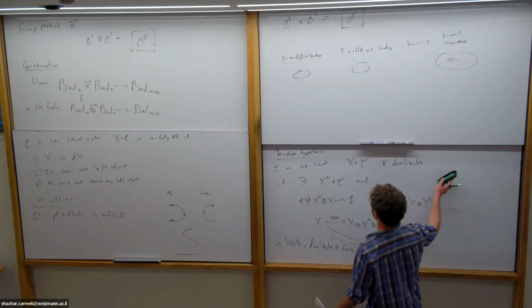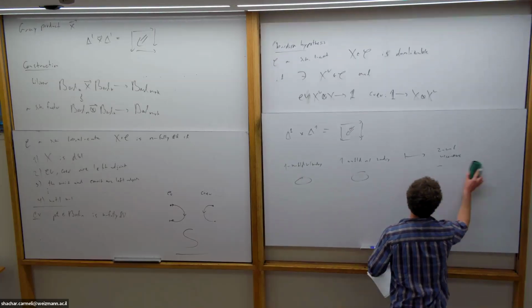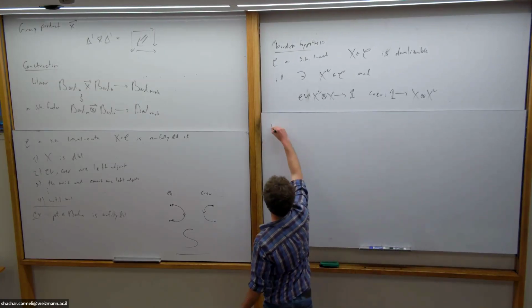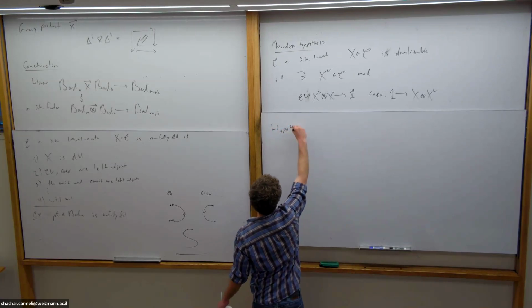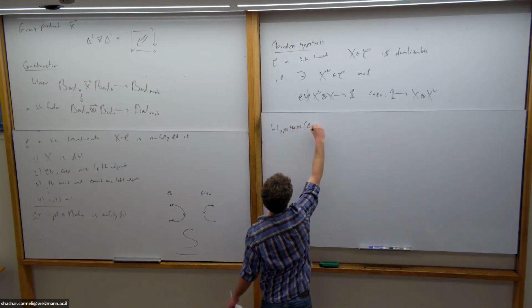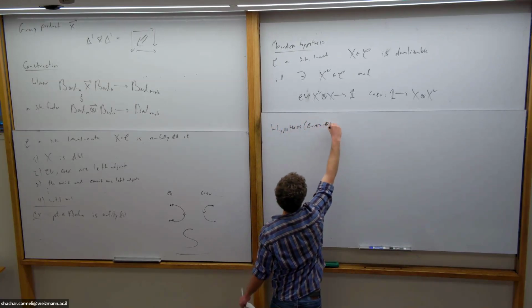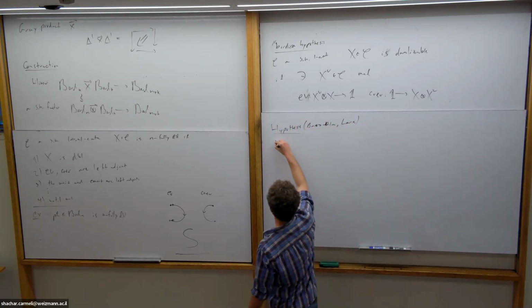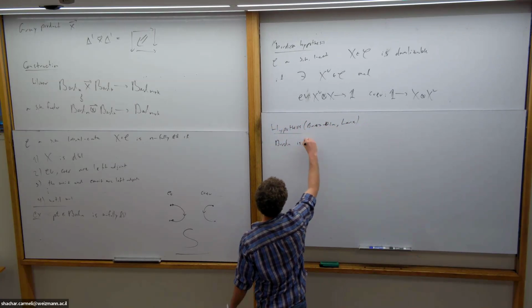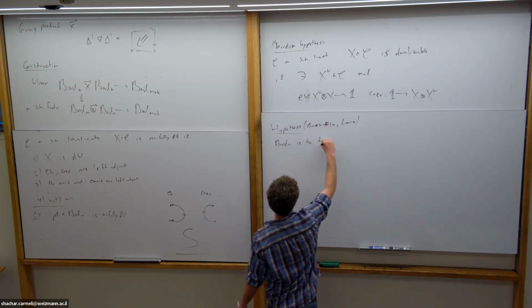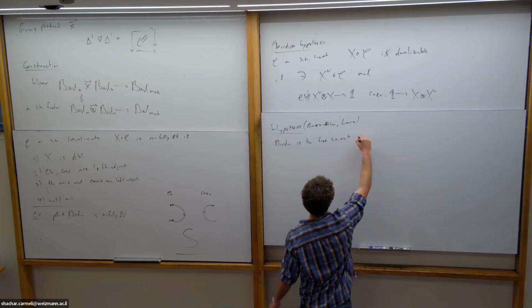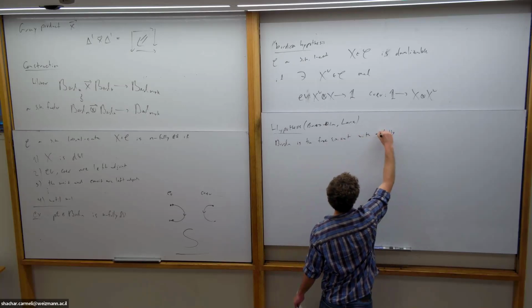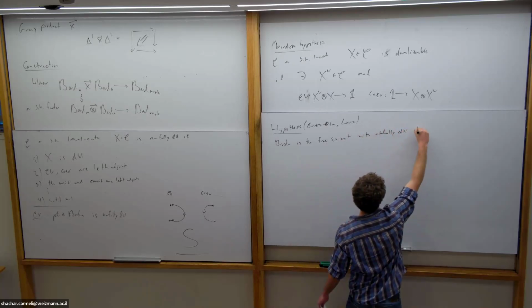So the cobordism hypothesis, which is due to Baez and Dolan, with a sketch of proof by Lurie, is that Bord n is the symmetric monoidal category with a fully dualizable object, the n fully dualizable object.